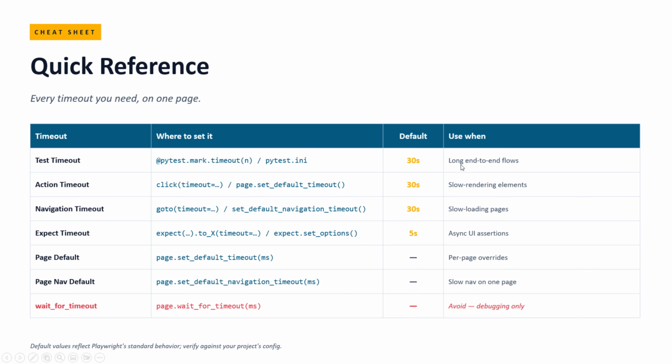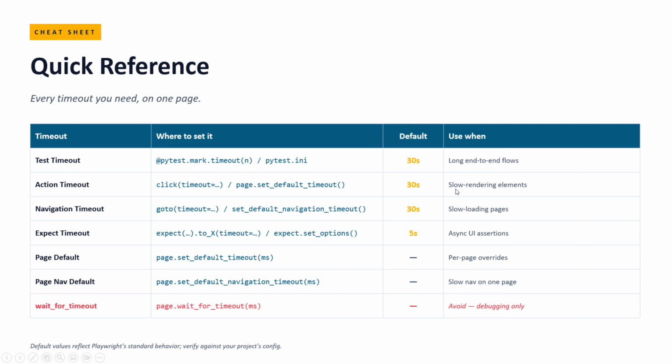You can use it when you have long end-to-end flows because it works on the test level. Then we have an action timeout, like on click or something like that. You can define it on the page level with page.set_default_timeout. And the default is basically 30 seconds. These default values are coming from Playwright.